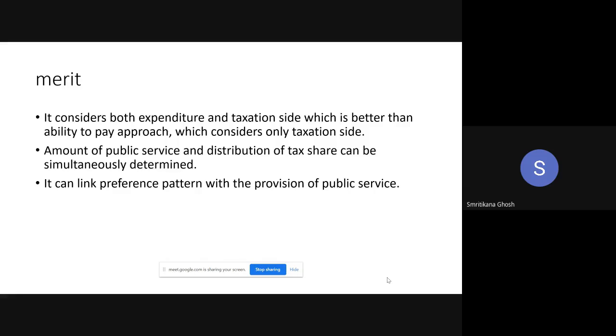But here, expenditure and taxation both are considered in the benefit approach. The second one is that the amount of public service and the distribution of the tax share can be simultaneously determined.